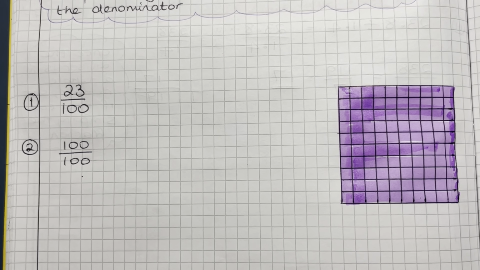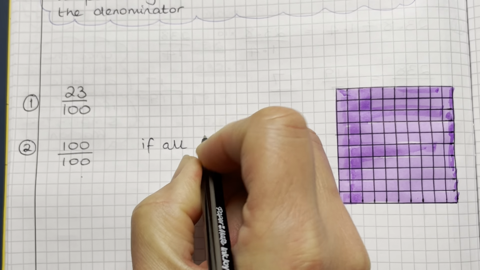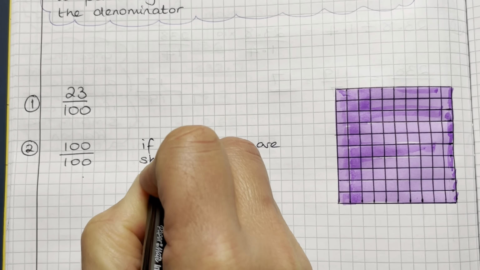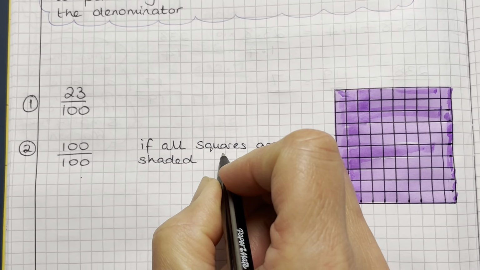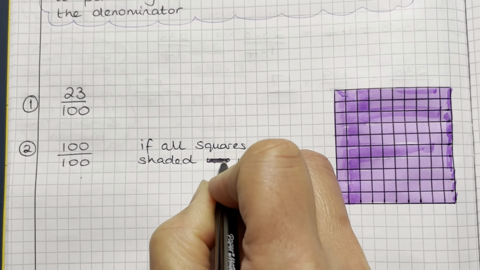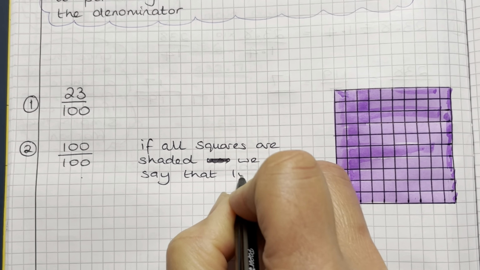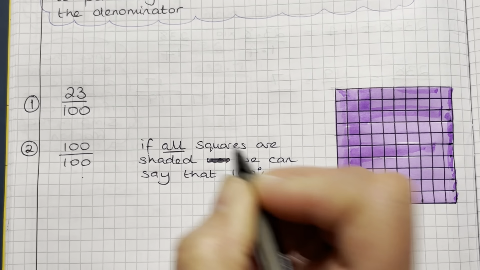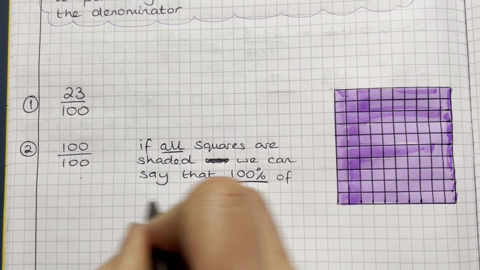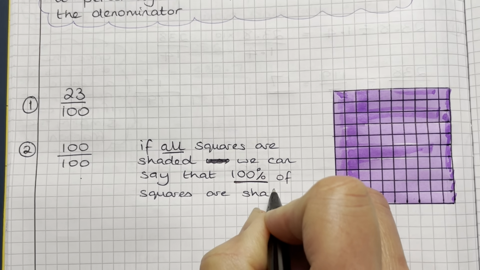So let's write that down again as a key point. If all squares are shaded, we can say that 100% of squares are shaded.